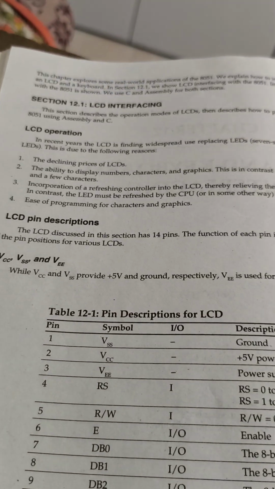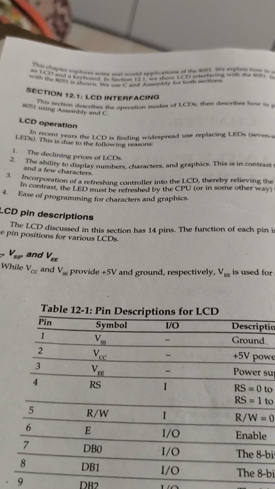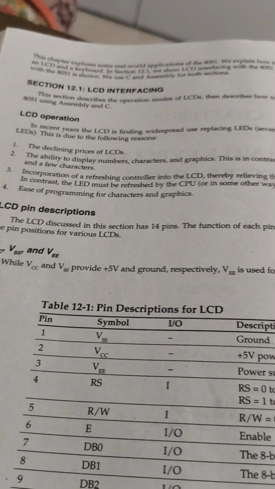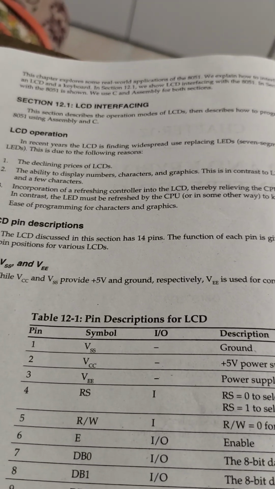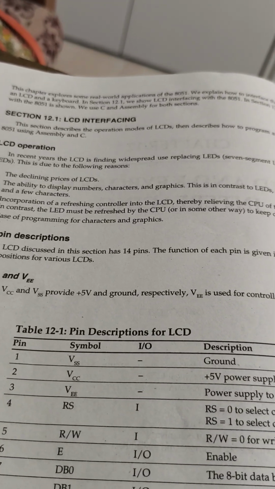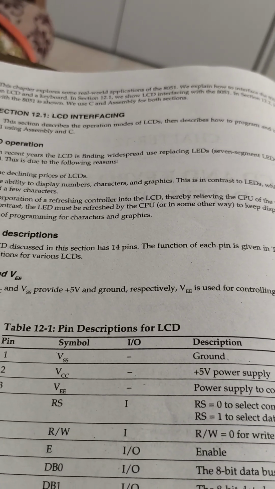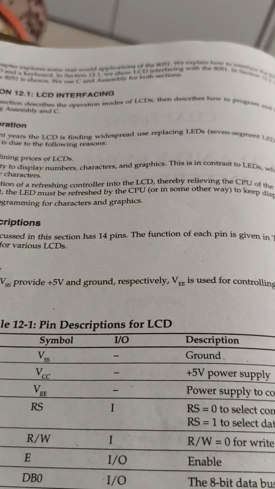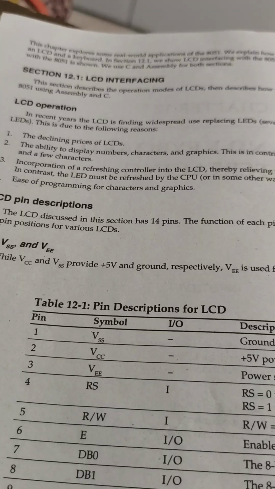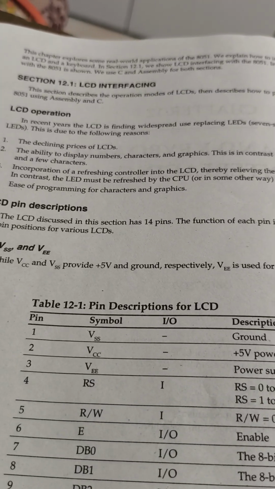Suppose we interface the 8051 to a stepper motor. Depending on what we write in the program, the stepper motor will rotate clockwise or anti-clockwise. According to the program, the external hardware component will work.